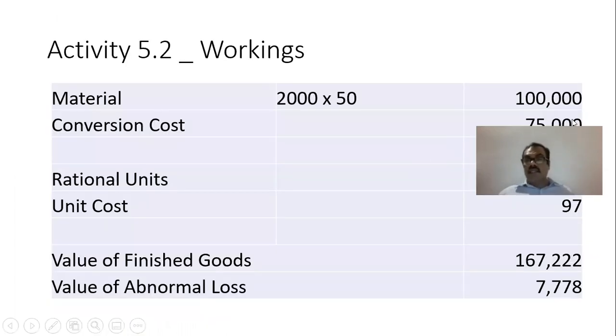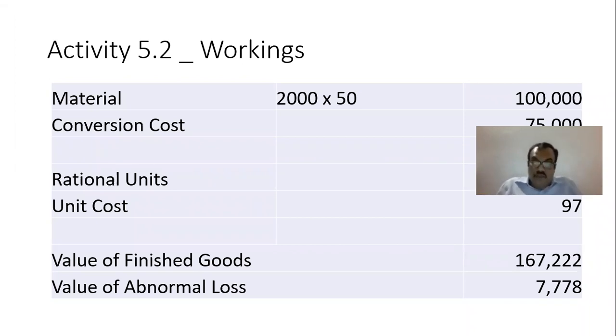Here, since the entire amount of normal loss is absorbed into expected units, if there is any value arising from the normal loss, that should be deducted from the total cost. Because it is very logical.